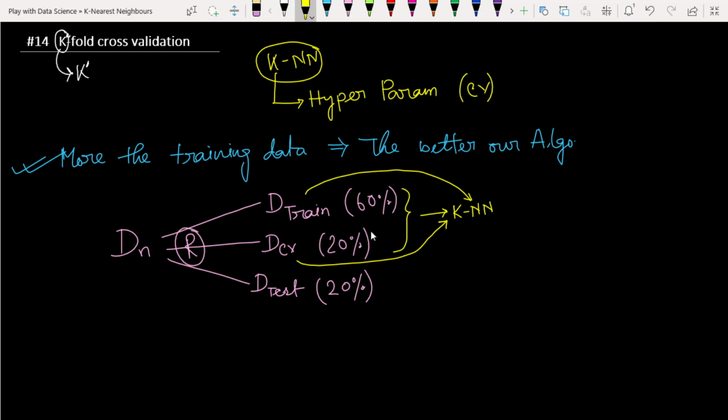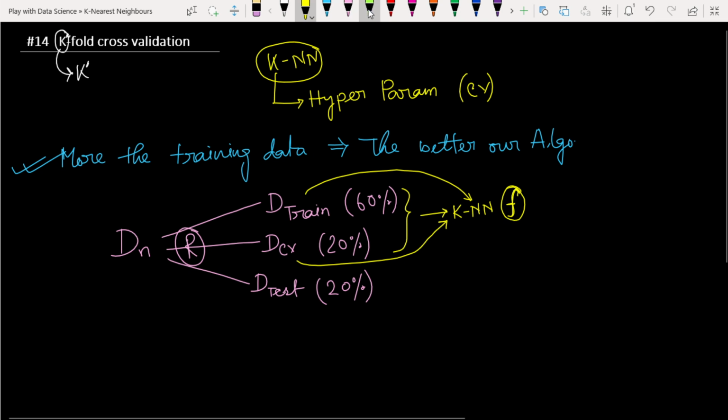We have seen this in previous lectures, and according to that we build our classifier.